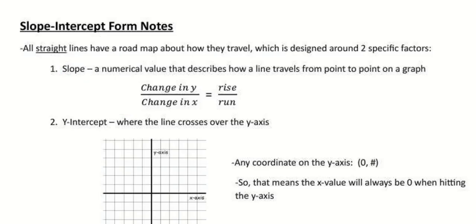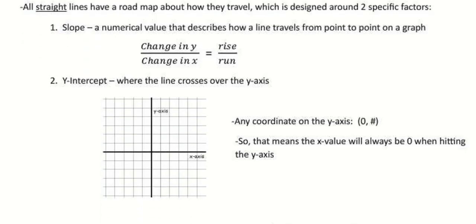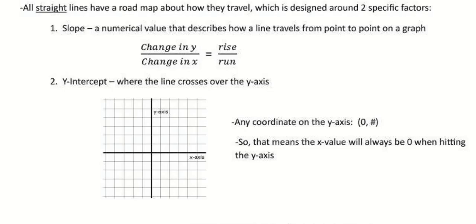What we're going to do next is add in one thing, and this thing is called the y-intercept. If I have a line that is traveling, I'm going to find where that line crosses over the y-axis, the up and down axis. So I'm going to find the spot where it crosses over the y-axis, and I'm going to identify that coordinate. That coordinate will always appear as 0, comma, and then whatever number you cross over.